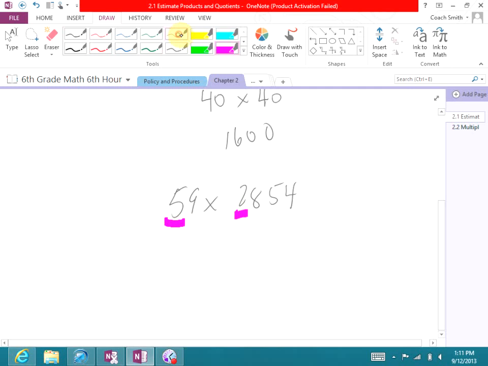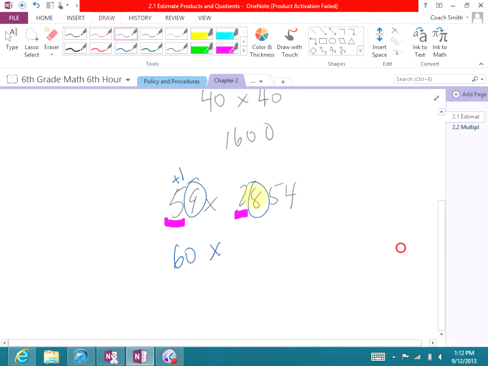To do that, we need to look at the number beside it. The number beside the 5 is a 9. So what am I supposed to do to 5 if the number beside it is 5 or greater? Gabby? Add a 1 to it. So I'm going to take 5 and add 1 to it, making 60.